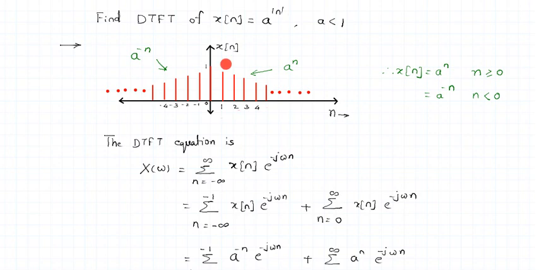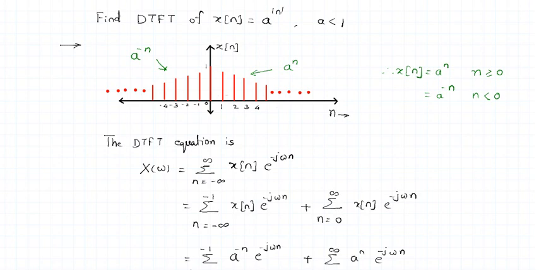So the power of a for various values of n will result in a signal which is decreasing in magnitude, and therefore the plot of a raised to n with a less than 1 will be samples which are decreasing in magnitude, and the signal tends towards infinity because there is no range given to n. It means that n tends towards infinity. So the equation for the positive part of the given signal is a raised to n.